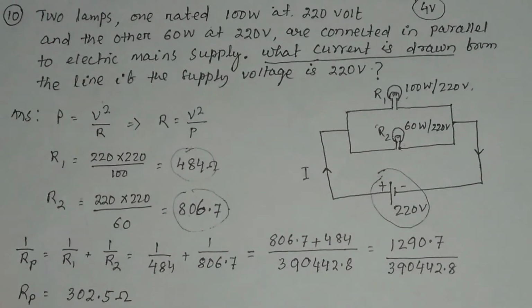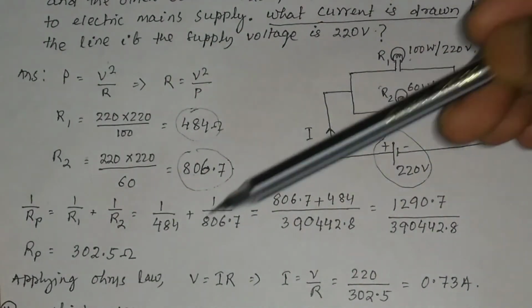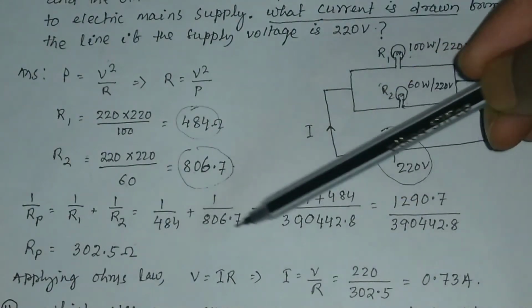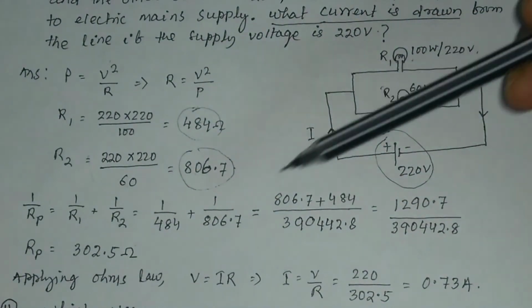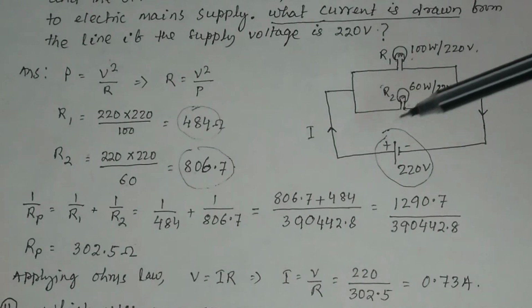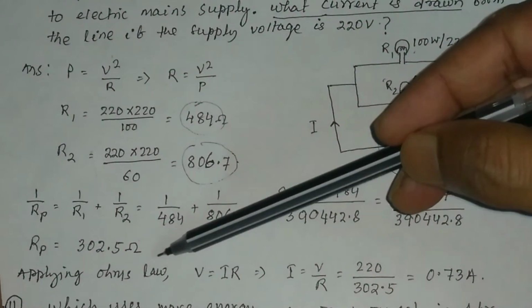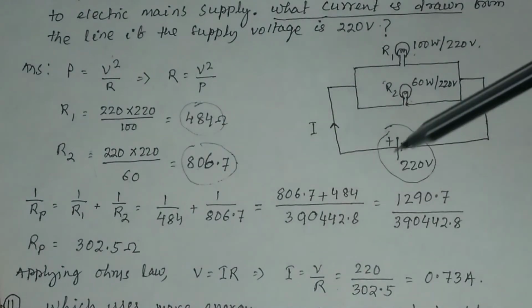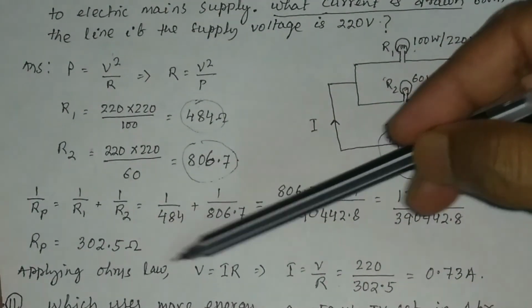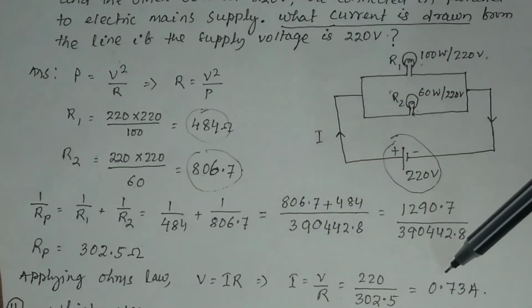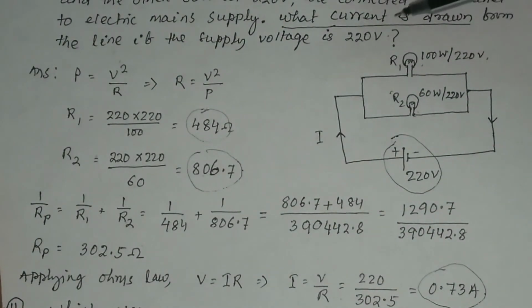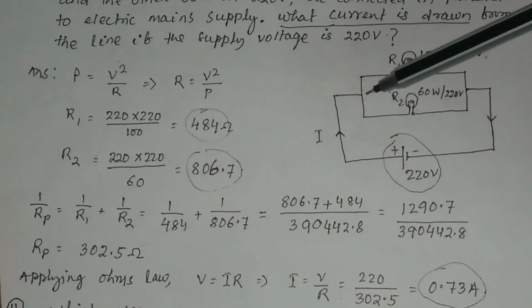If you calculate it, the equivalent resistance will be 302.5 ohm. Once you have the equivalent resistance, you can find the current by applying Ohm's law. V equal to IR, so I equal to V by R. V is given, R you calculated here. So the value of the current will be 0.73 ampere through this circuit.